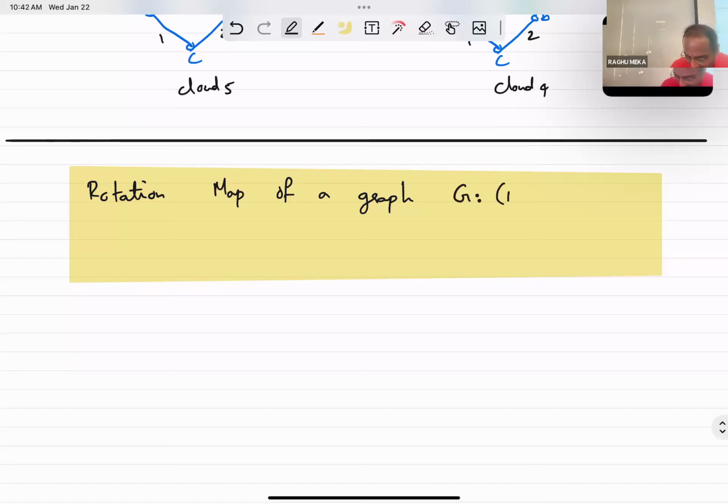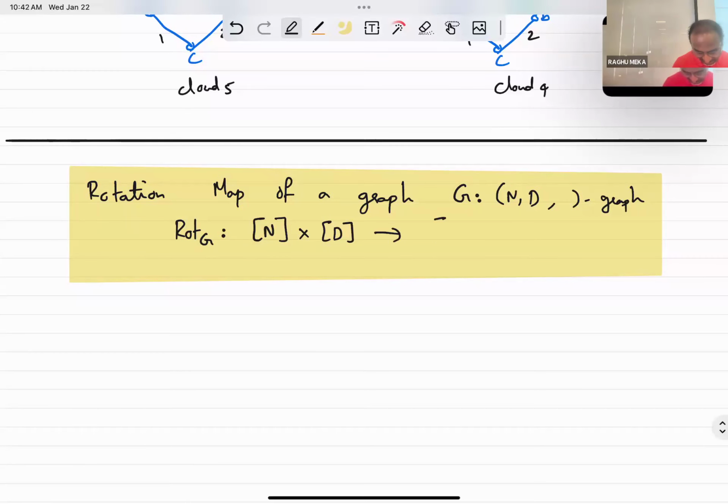So what is this rotation map? Suppose I have a graph which is D-regular and has n vertices. Then a rotation map of G is a mapping from vertices and a number corresponding to the degree of the graph.